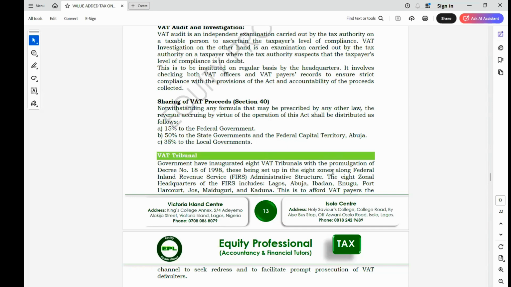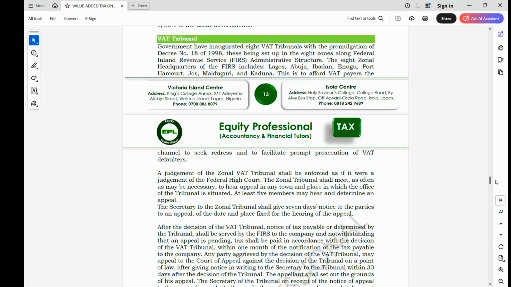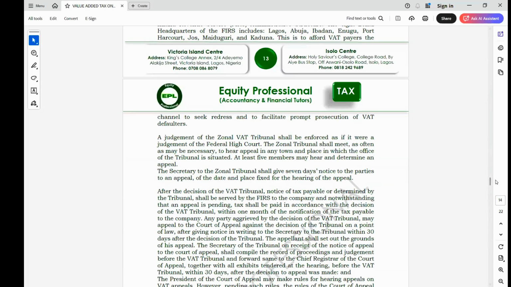Presently there are 8 zonal offices of the VAT office in Nigeria. We have 8 zonal offices located in Nigeria presently, established by FIRS to look at various VAT matters. The judgment of this VAT tribunal is equivalent to the judgment of the Federal High Court.